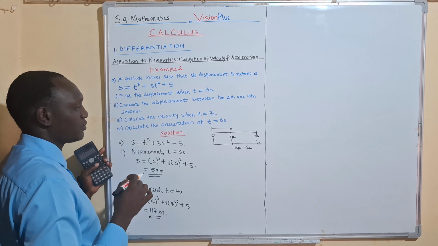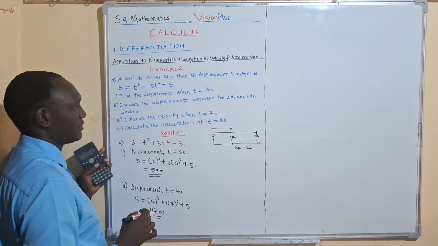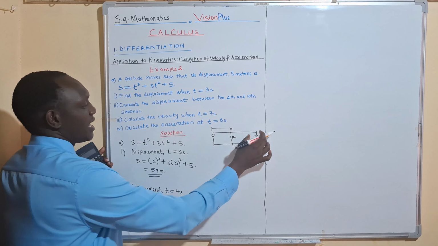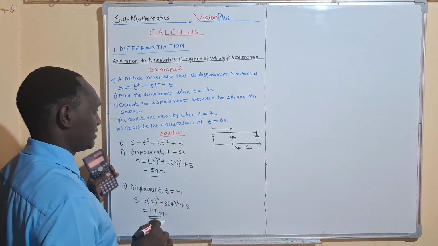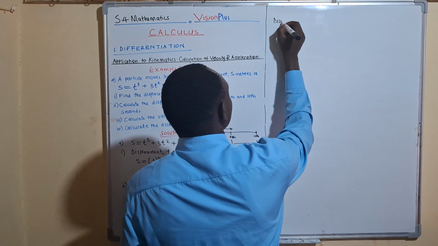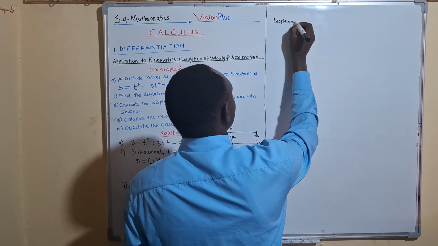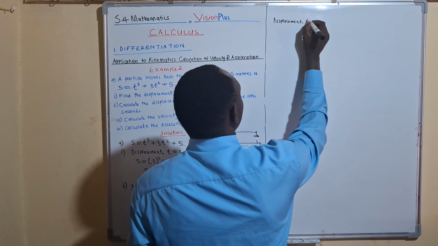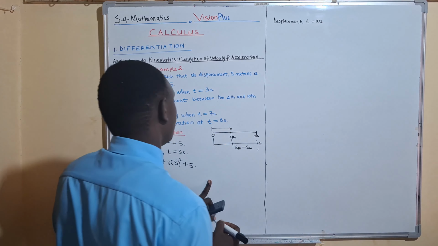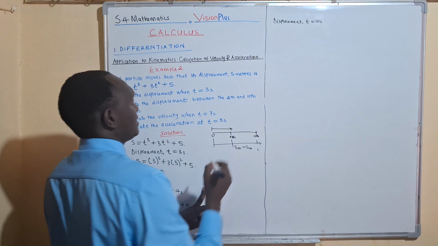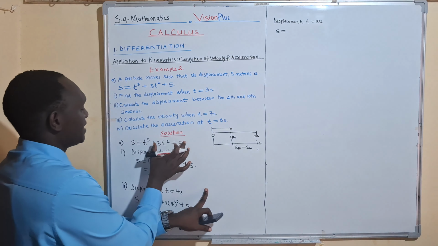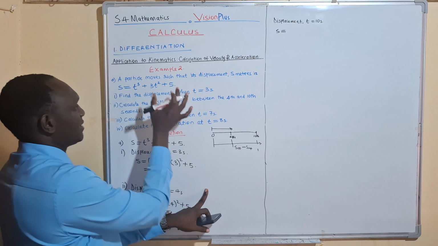Now, let us also get the distance from the origin that the particle moves after 10 seconds. That means we also say displacement when t equals 10 seconds. We use the same expression for displacement at any time t.